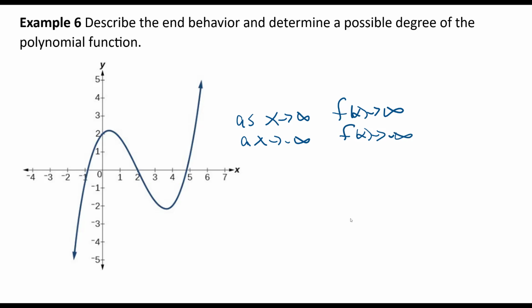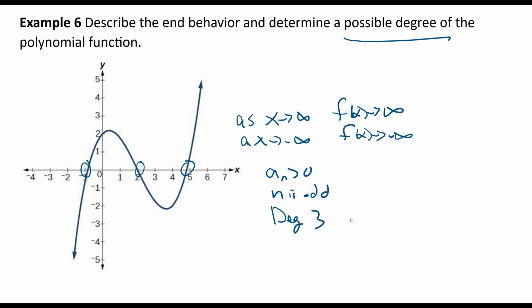So this looks like it's got a positive leading coefficient, and n is odd. Not knowing the degree, I'm going to say degree 3. But it could be a 5.